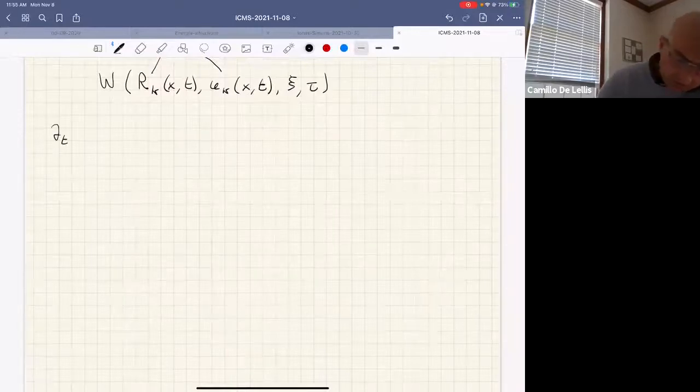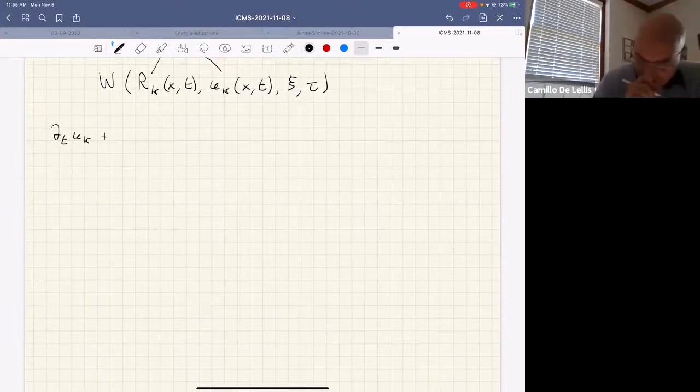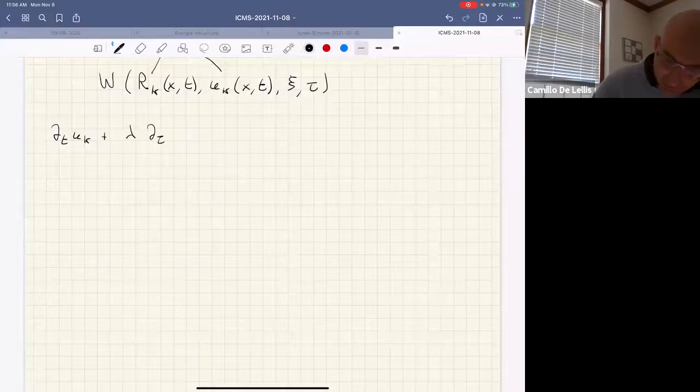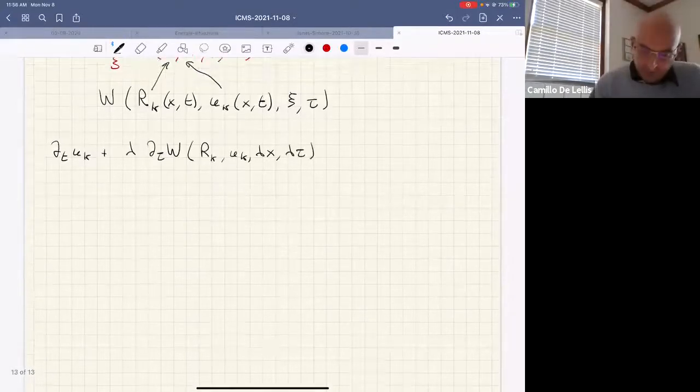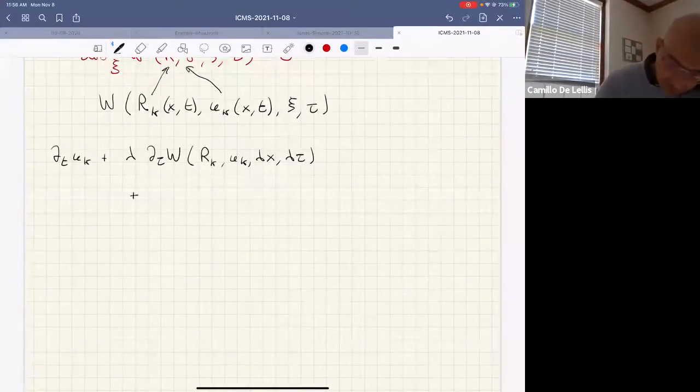It is going to be something like this: dt UK, and then there are slow derivatives, so there's going to be lambda times d tau of W, computed in RK UK of x and t, and then lambda x lambda tau. First of all, I'm only differentiating in the fast direction.